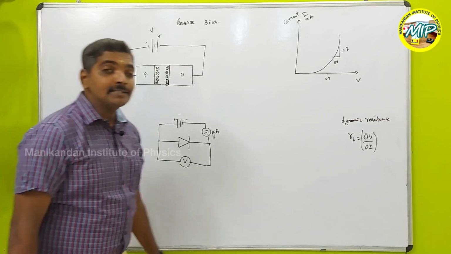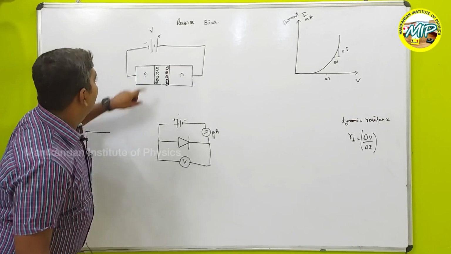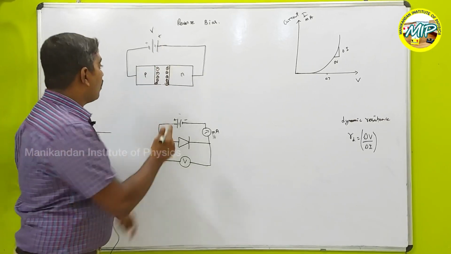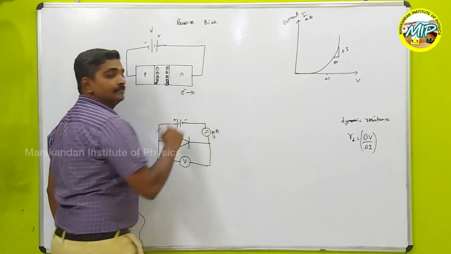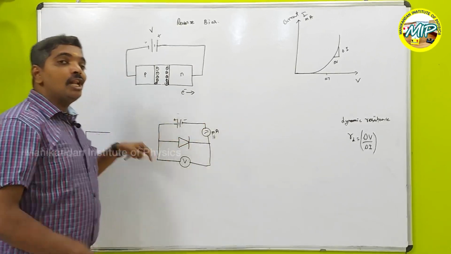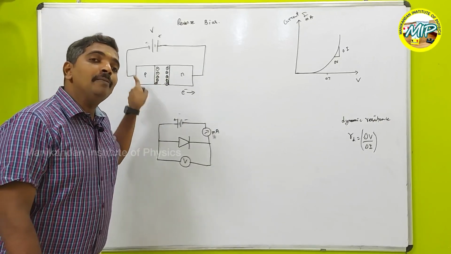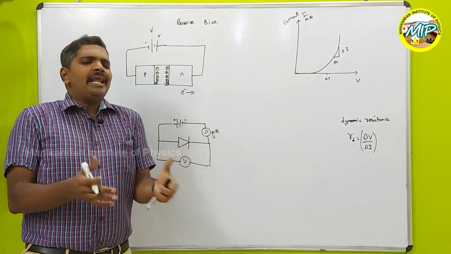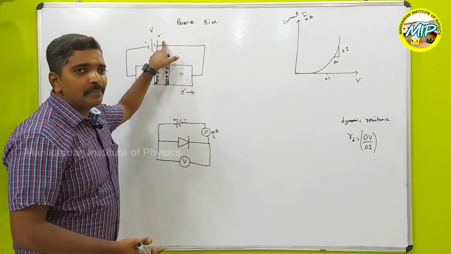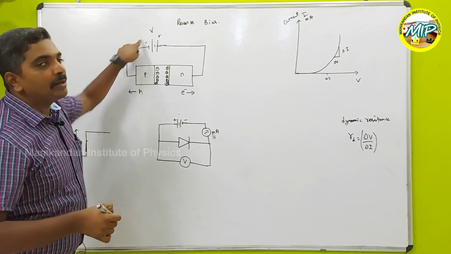Sir, because of the reverse bias, how will my barrier potential be affected? It will change. Listen, this positive terminal will attract all the electrons from here. Already, because of the barrier potential, there is no flow of electrons from N to P and holes from P to N. Because of this applied external potential, the electrons are attracted by this positive terminal and the holes, the majority carriers, are attracted by this negative terminal.